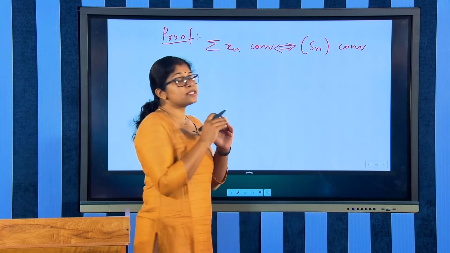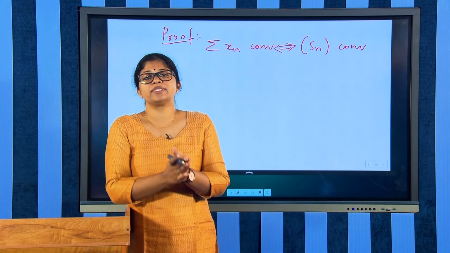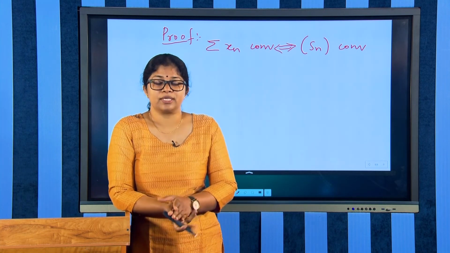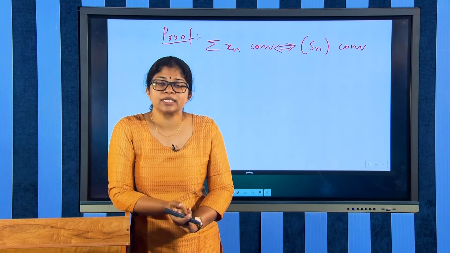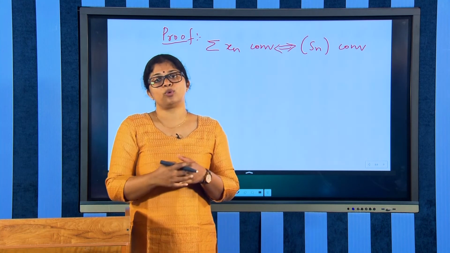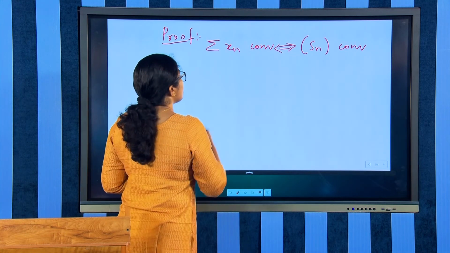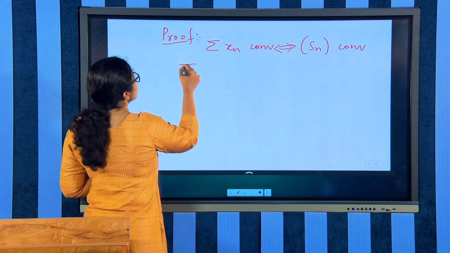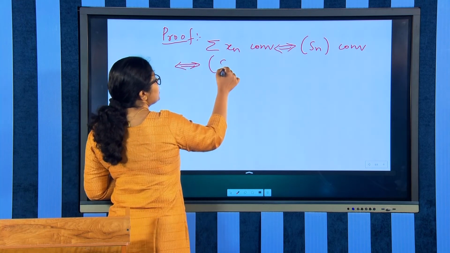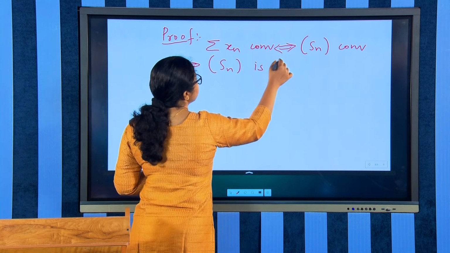And where does the sequence Sn belong to? The sequence Sn is a sequence of real numbers. So, a sequence of real numbers converges if and only if it is Cauchy. We have established that result in sequences in Cauchy criterion. So, that is if and only if the sequence Sn is Cauchy.